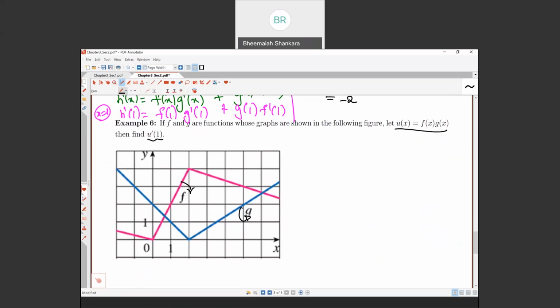So let me write some interpretation here. f prime means d over dx of f of x. So let me write f prime of x so you understand it's d over dx of f of x. This geometrically means the slope of the tangent line.